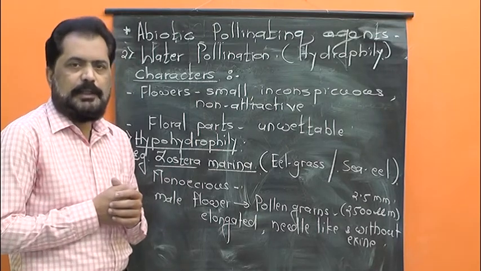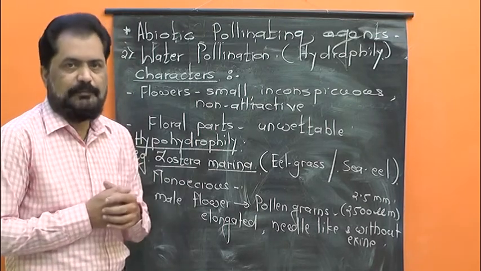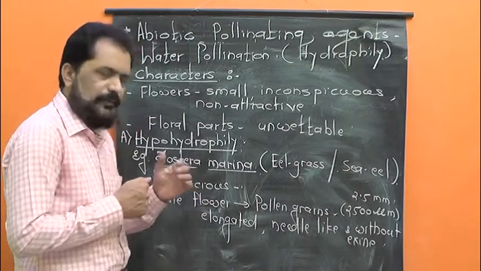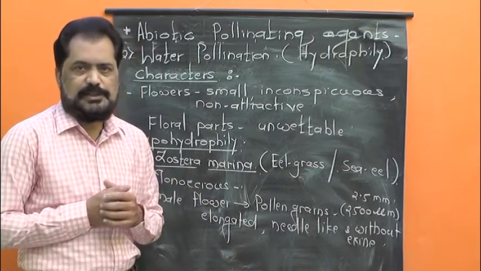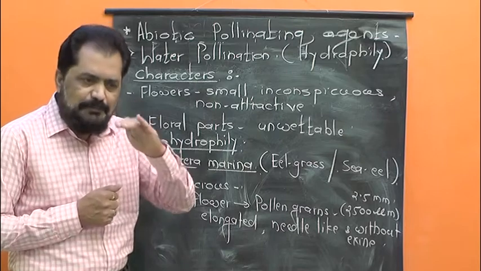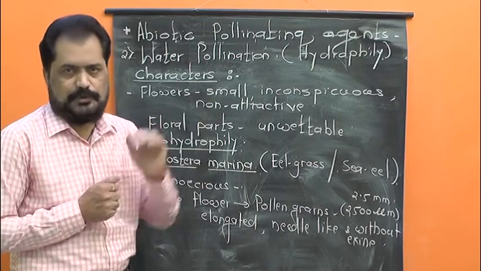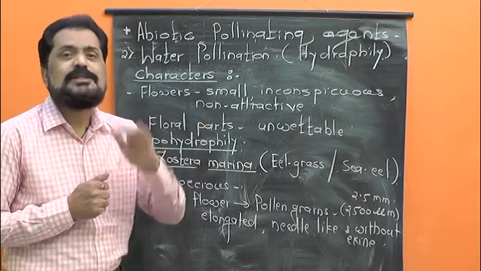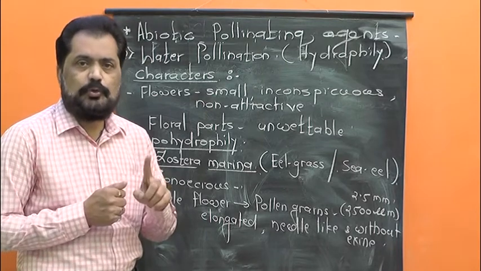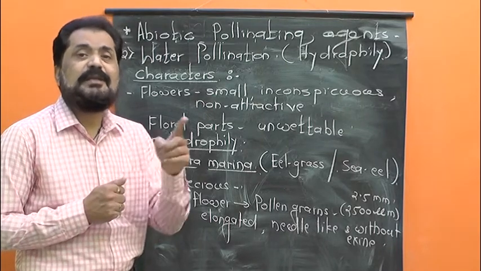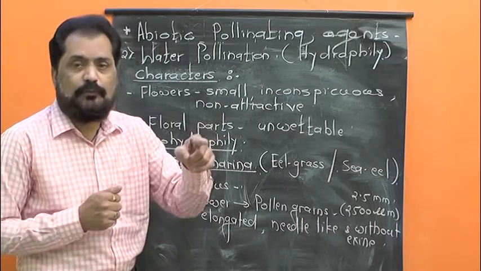When the pollen grains are released from the anthers of the male flower, those pollen grains float just below the surface of water, due to the same specific gravity as that of water.